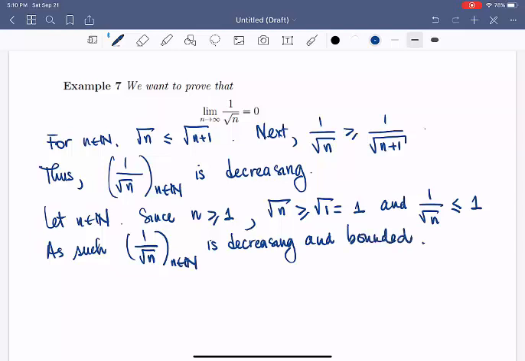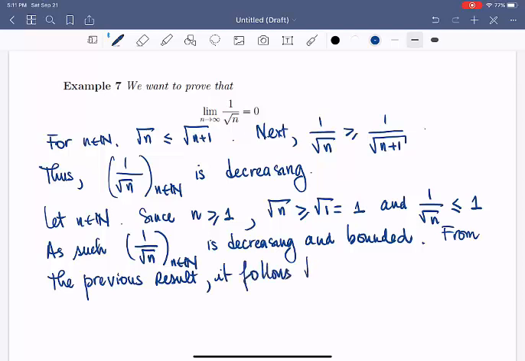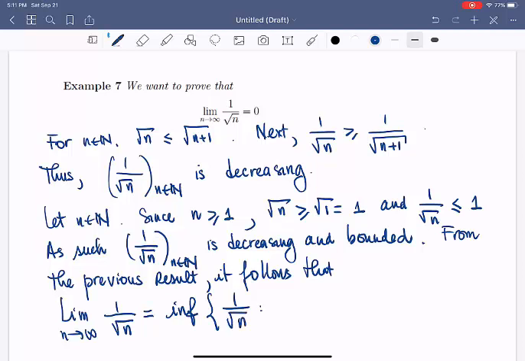All right, so the concept of subsequences will provide us a powerful tool. And from the previous result, it follows that the limit of this sequence is in fact the infimum of the set containing 1 over square root of n for every natural number n, and we can in fact show this.